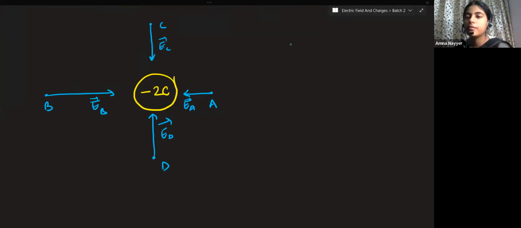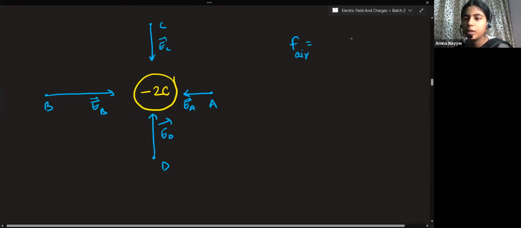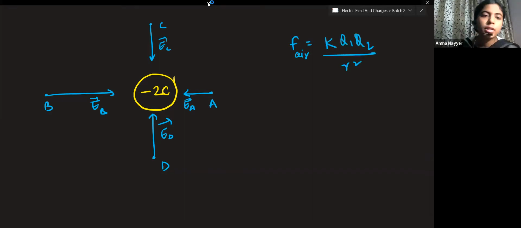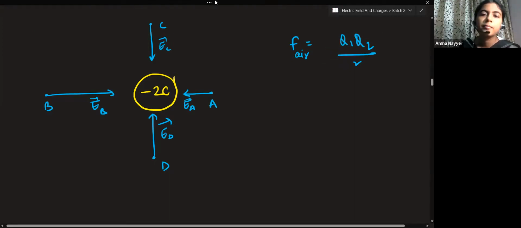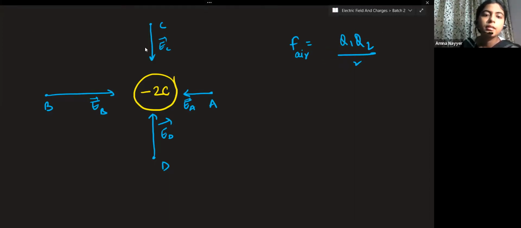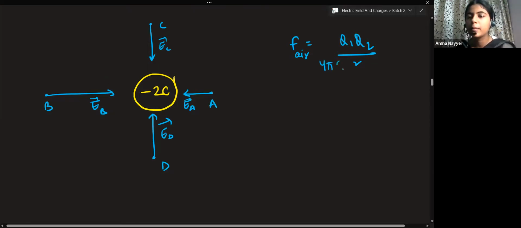See, if force is in another medium, Hamza, just listen carefully. If you have this as k q1 q2 divided by r square, so here k is 1 over 4 pi epsilon naught.